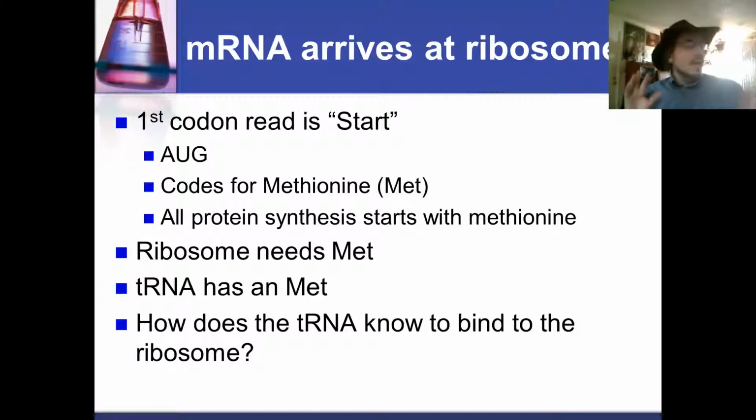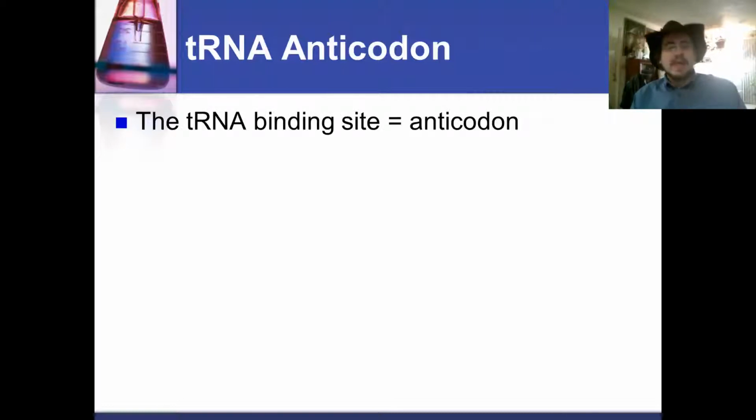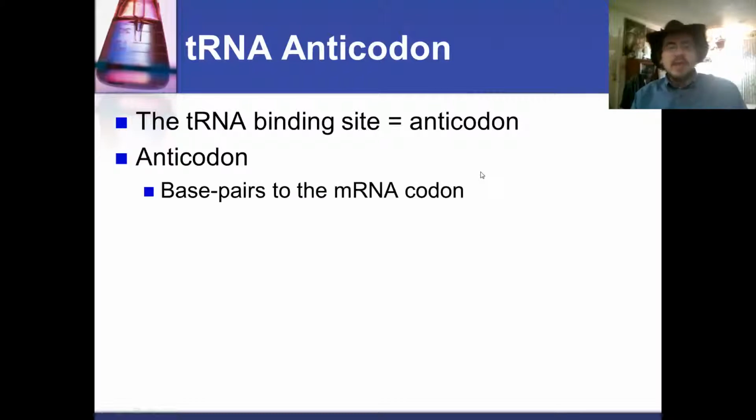So the RNA codon will bind to the proper base pairs on the tRNA. And so we call that set of 3 nucleotides on the tRNA that can bind to the mRNA codon the anticodon. So tRNA has an anticodon. And that's the tRNA binding site to attach to mRNA. The anticodon is, again, base pairs to the mRNA codon.